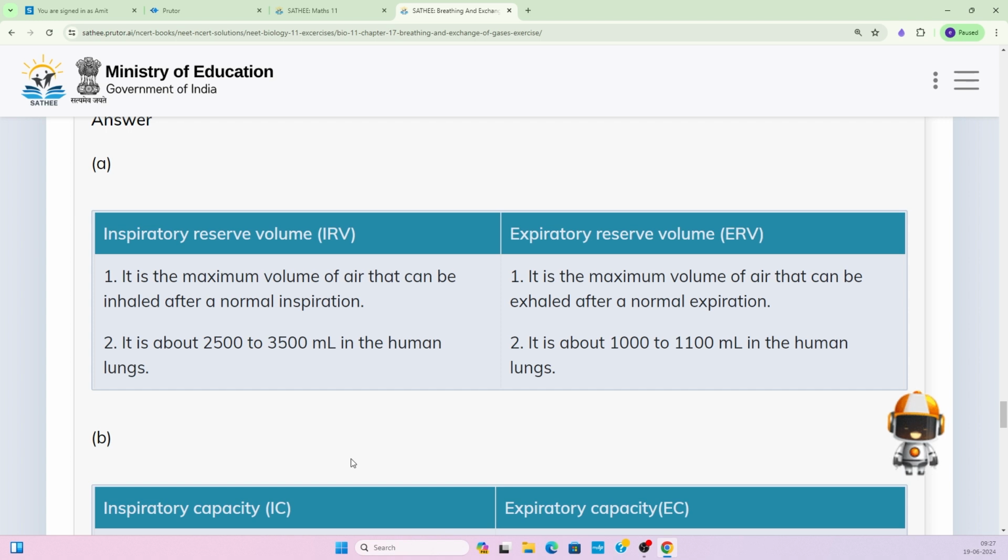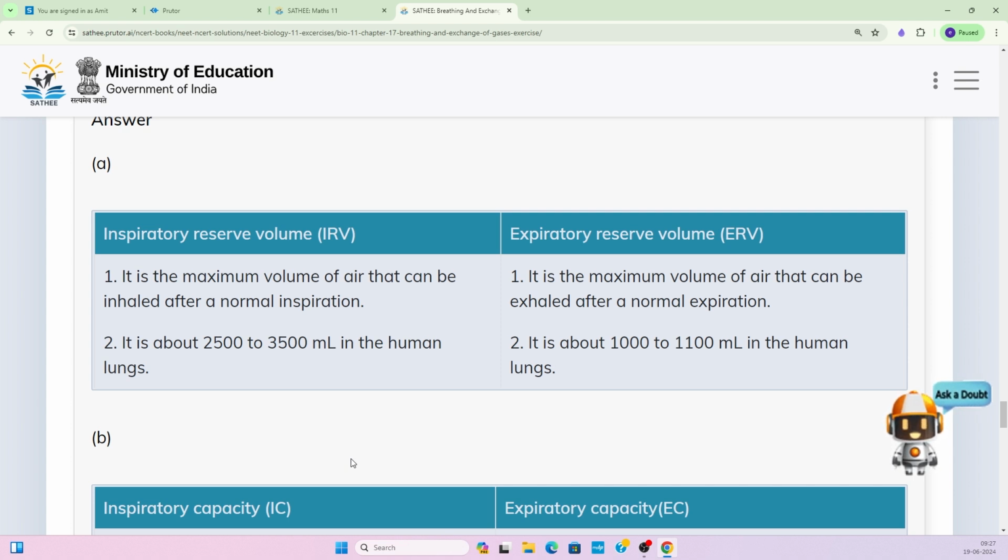When you respire normally, what happens? The maximum air that can be inhaled after normal inspiration. So after the normal inspiration, how much more air is inhaled? That is the inspiratory reserve volume.